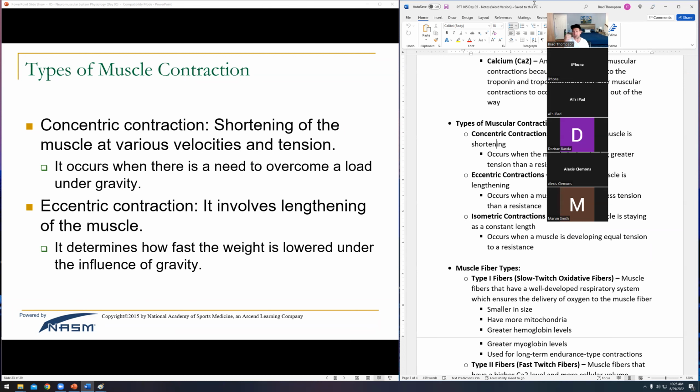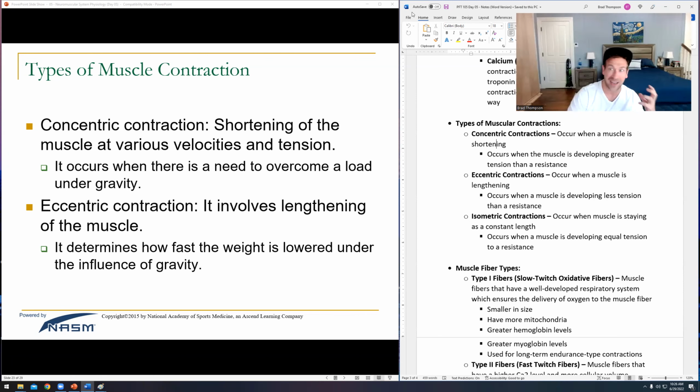So they're concentrically shortening while I'm trying to concentrically shorten, but unfortunately I'm not strong enough. So I'm eccentrically lengthening. That's what happens in arm wrestling. If you are concentrically pulling on one side of the joint, the opposite side of the joint will naturally eccentrically lengthen.